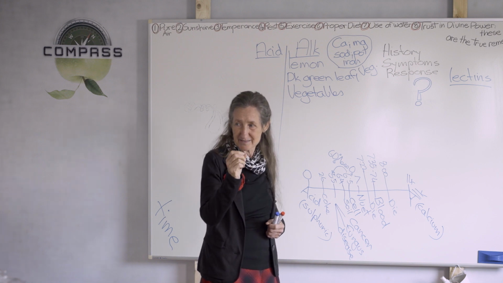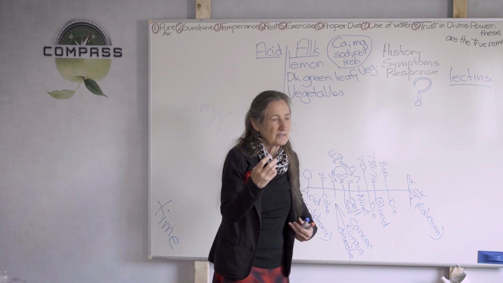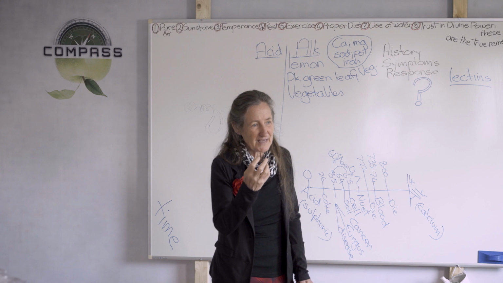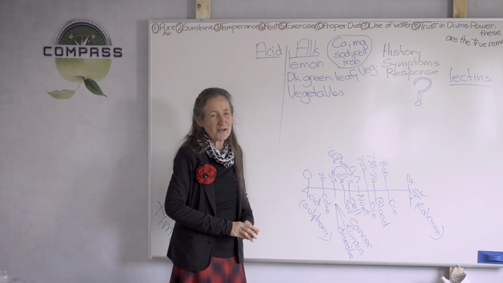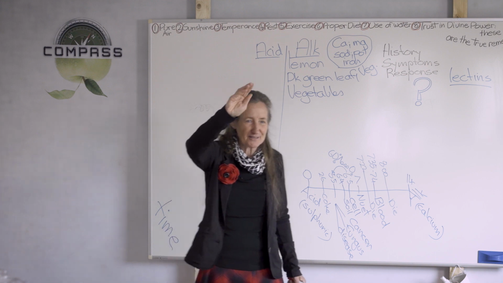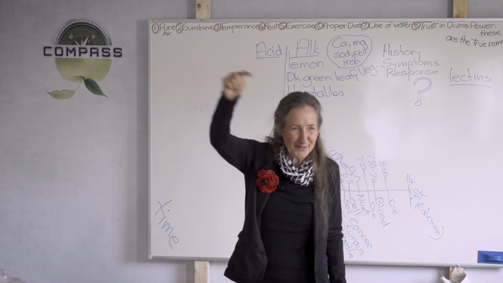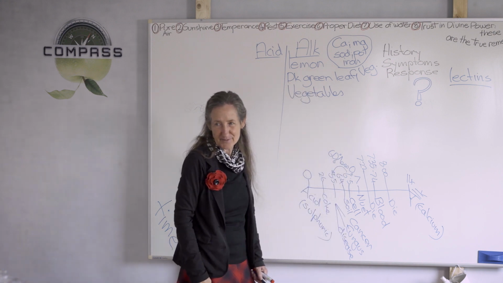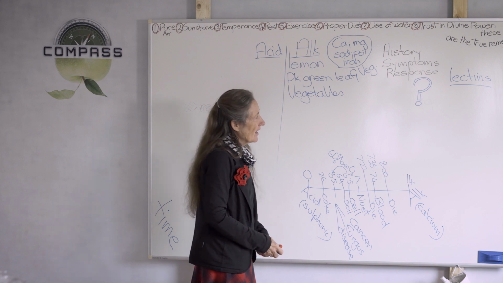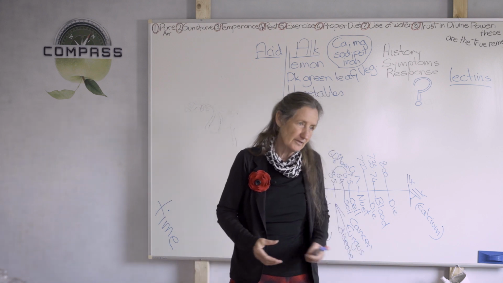So that bitterness that often comes with the unripe fruit is saying to your body, don't eat me yet. And every gardener knows that as soon as those apples or those tomatoes go red, who comes in? The birds. They're looking for that colour that tells them they're ripe. So unripe fruit is high, but ripe fruit is not.